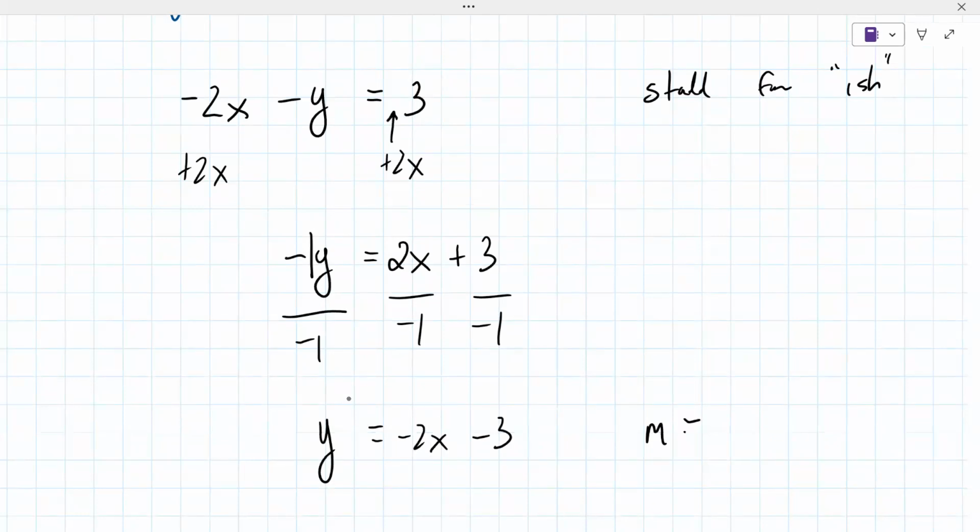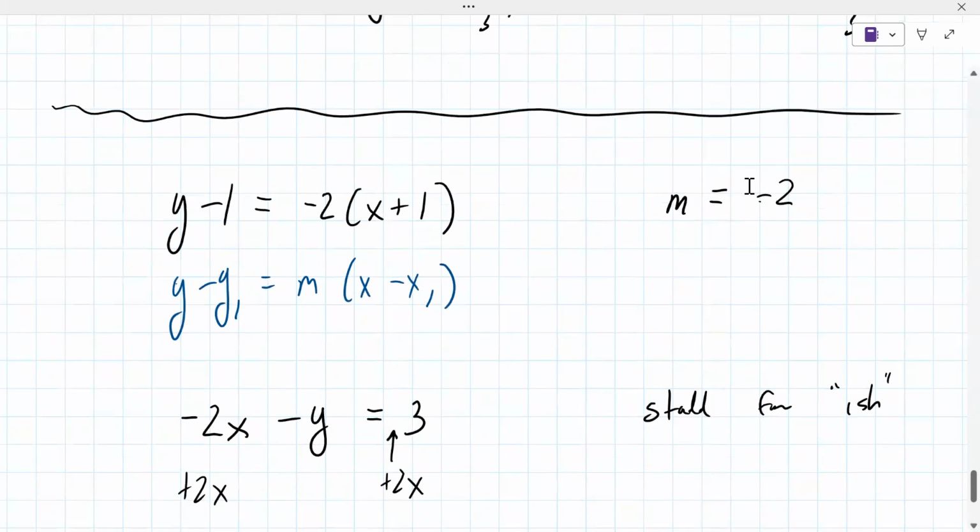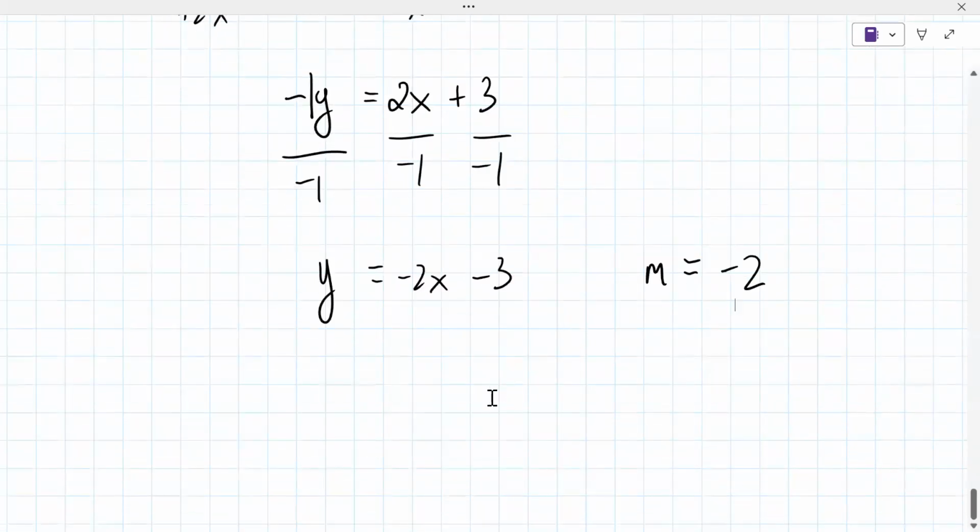What is the slope of this one? -2. So are the lines parallel? Yes, they are. So there's a skill here, and we talked about it last time.